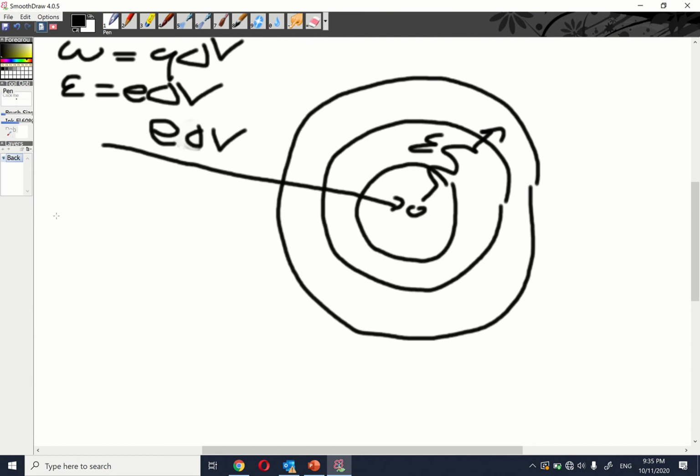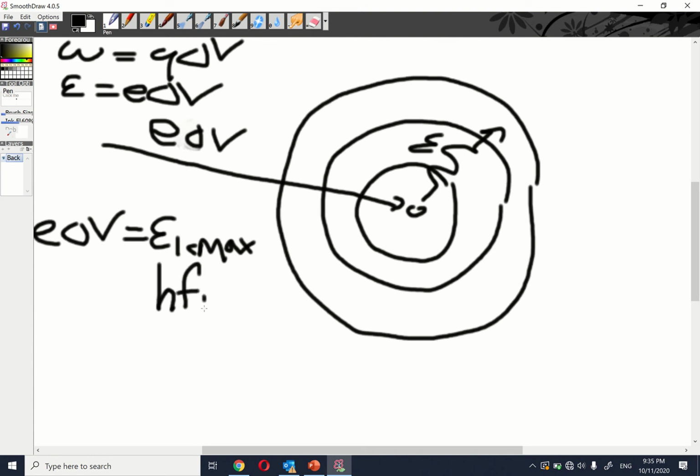So we can write an equation. eV equals EK max. But we can break this down further. How is the energy of a photon calculated? Well, h times f, right? So we can write this out as h times f max.